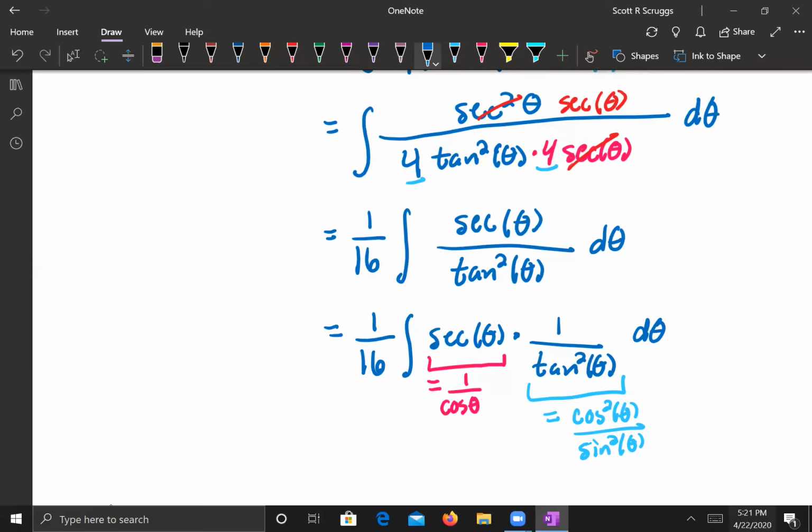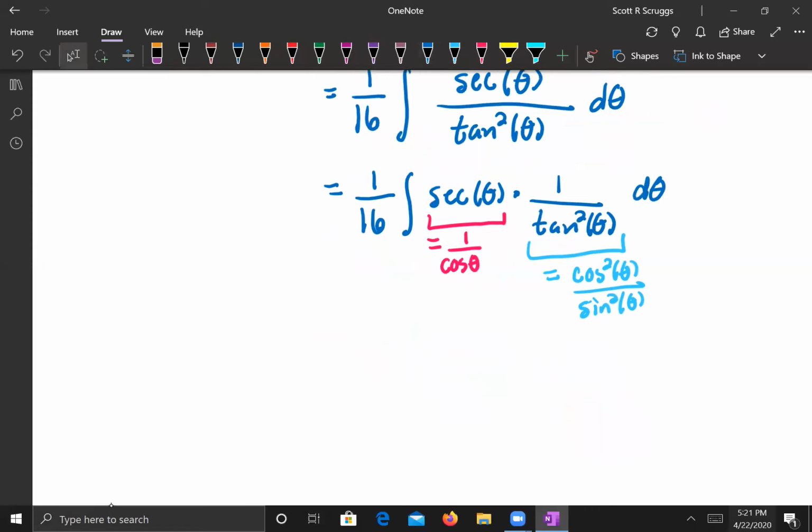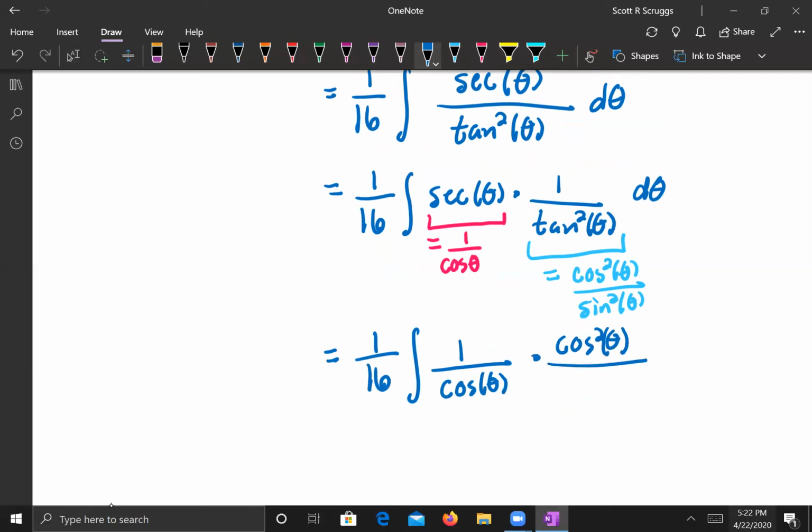And that's going to be my next line for this. So 1/16 times the integral of 1 over cosine of theta times cosine squared of theta divided by sine squared theta d theta.